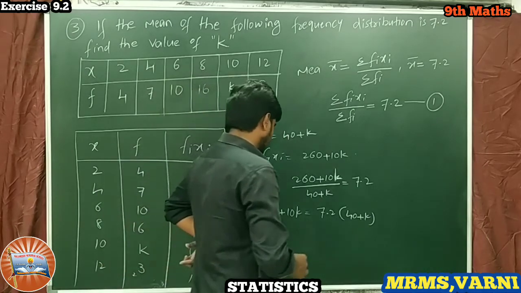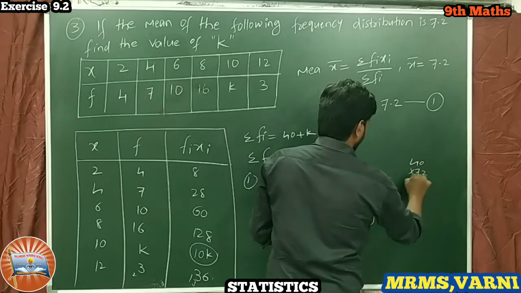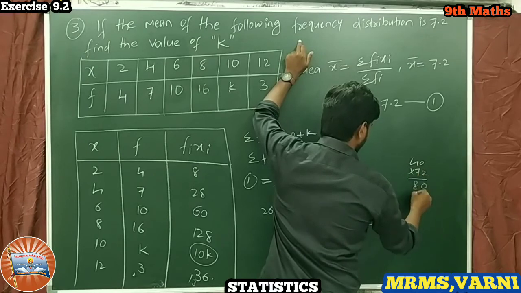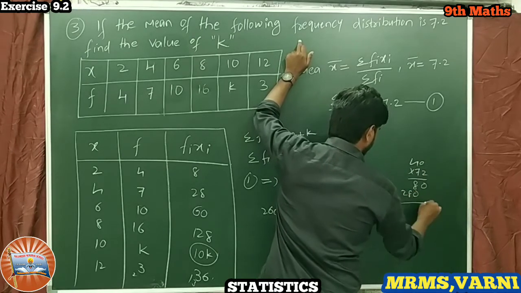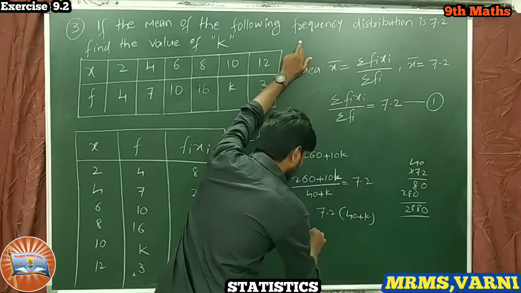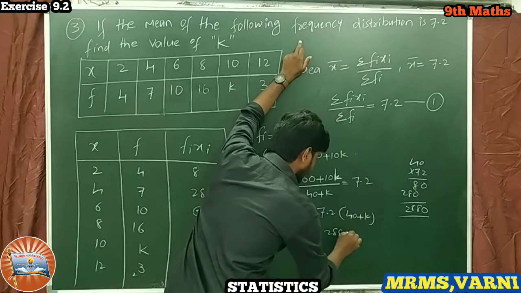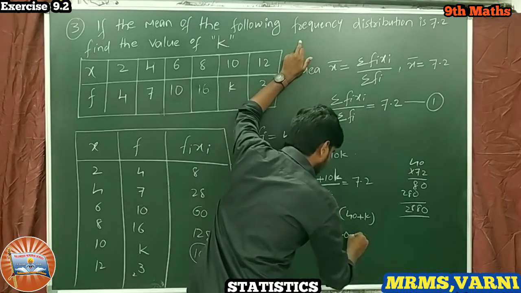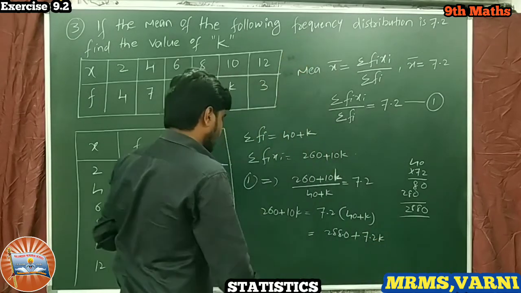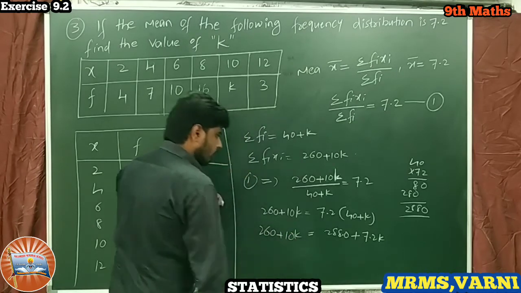So 40 into 7.2 we do first. 2 4s are 8, 7 4s are 28, so it is 288.0 plus 7.2k, and this becomes 260 plus 10k as it is.